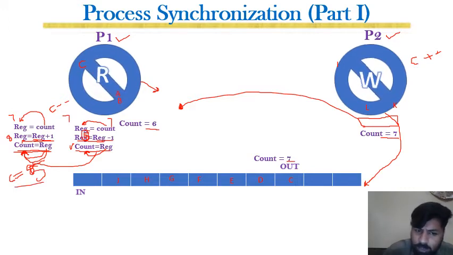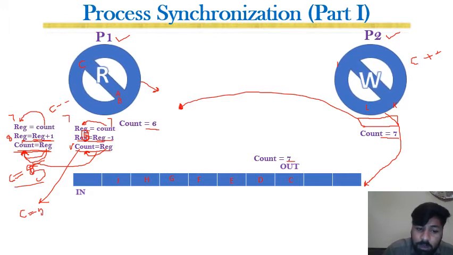Our count is equal to 5, and you can see here that it's not consistent. What we actually needed was the value of the counter to be 7. 7 was the right value. In contrast, for example, if this statement runs first, it will make the counter equal to 5, and followed by that, let me write this one first.